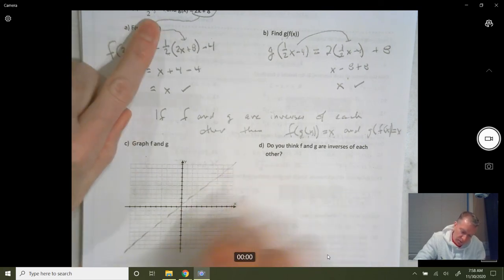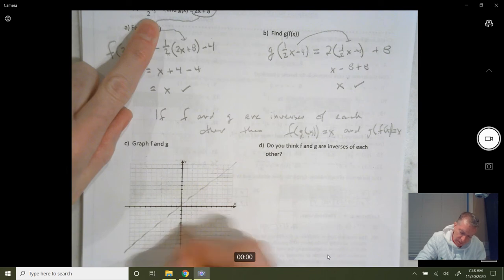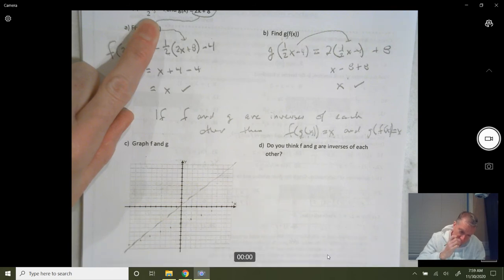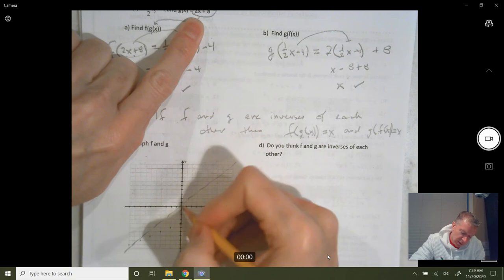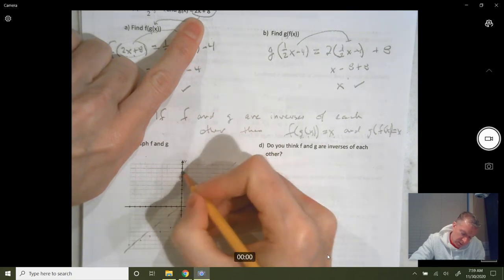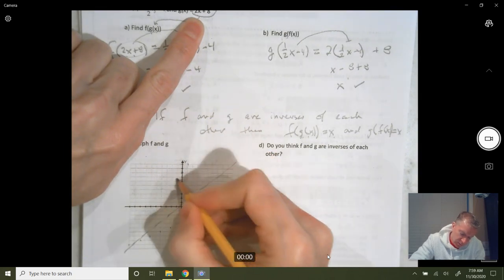Okay, so we could graph these. 1/2 x minus 4. We can see this by plotting them, and we can see that they're reflections over the line y equals x. 2x plus 8, slope of 2.